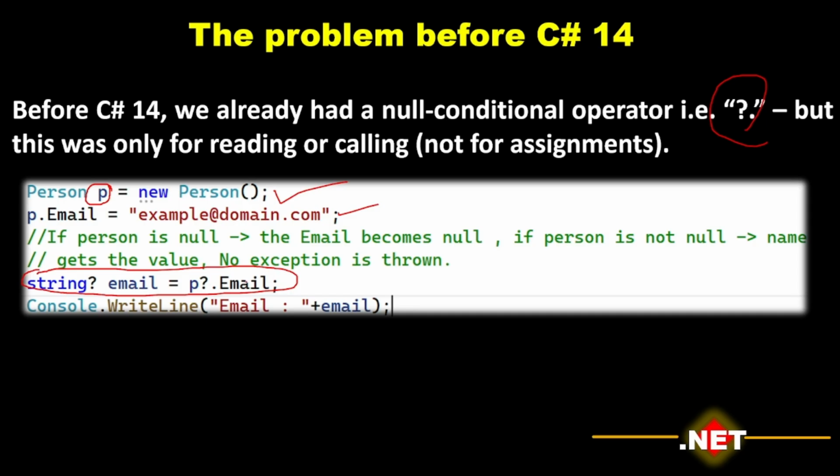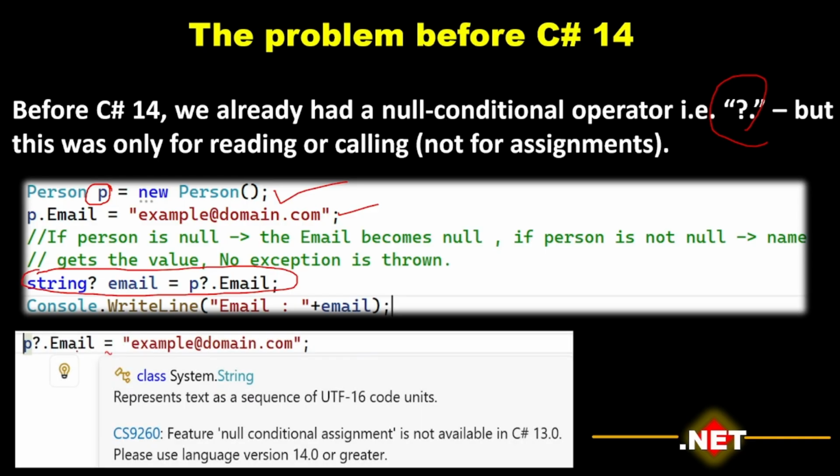But what if I write the same thing in an assignment, which is the improvement in C# 14? So if I try to do this, p?.email equals example domain.com, this tells me that the feature null conditional assignment is not available in C# 13. Please use language version 14 or greater. So why is it saying that? Because the program environment that I am using right now is not .NET 10.